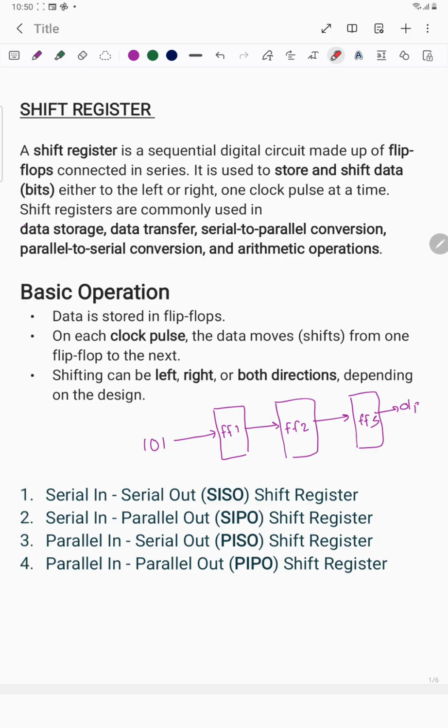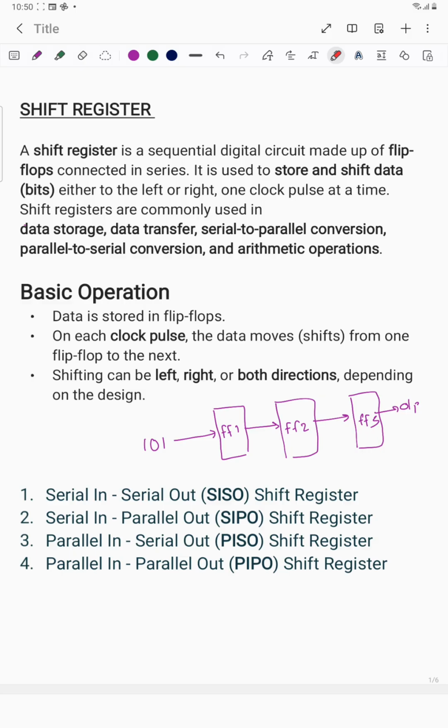The first one is SISO, serial in and serial out. The second is serial in and parallel out, SIPO. Then parallel in and serial out, PISO, and parallel in and parallel out. You have to mention all these four categories of shift register in your exam paper.